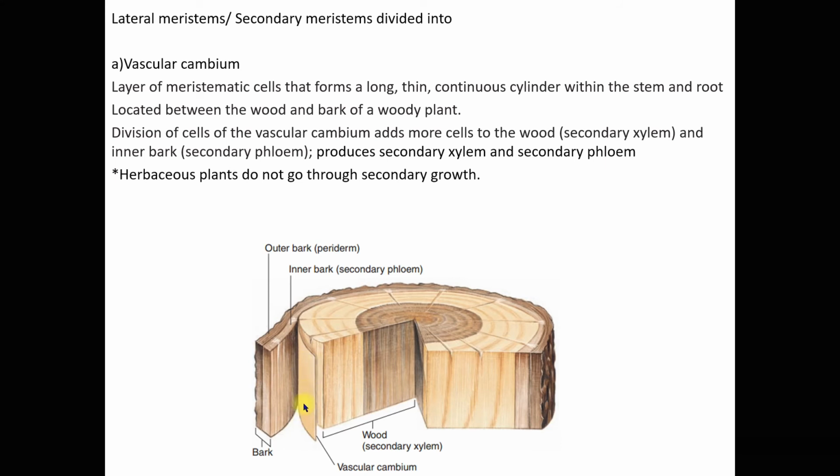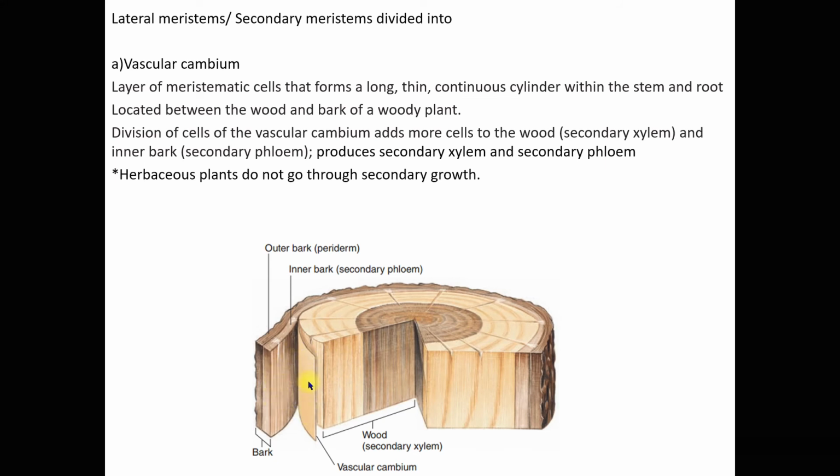To be more specific, the vascular cambium adds more cells to the secondary xylem in the wood and to the secondary phloem in the inner bark.